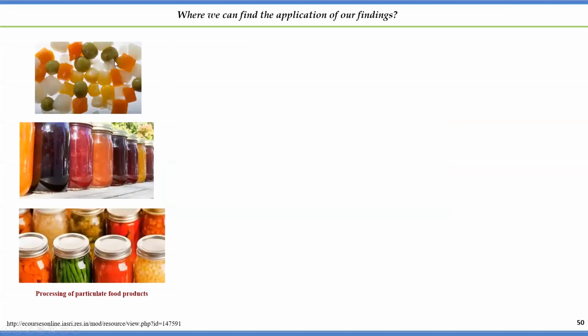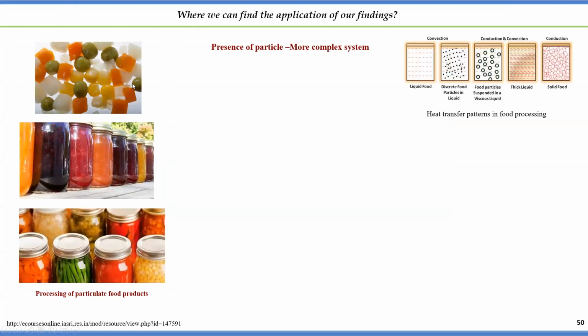So we are able to see the processed food in the market, and you are able to see that fruits and vegetables are preserved for a longer time and are being sold in the market. When you are treating these fruits, particles, vegetables or cuttings of your fruits, you can consider your system as having particles along with fluids.